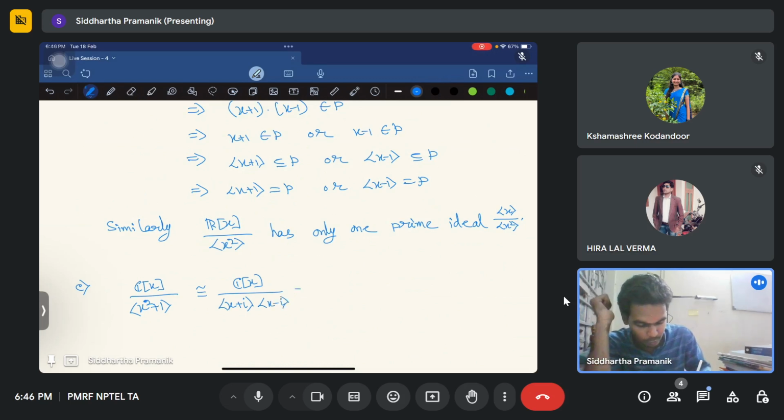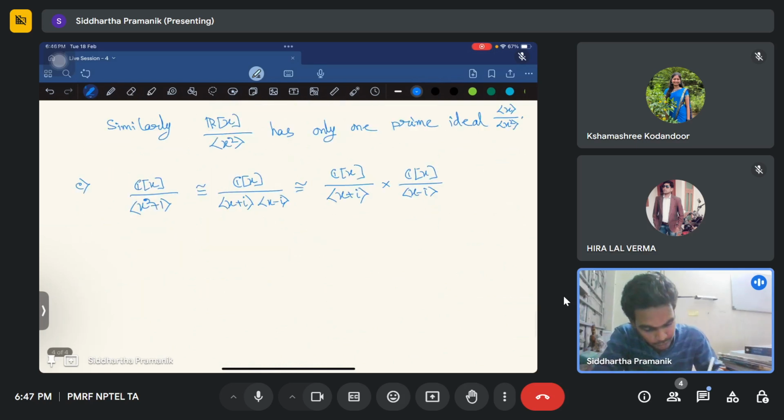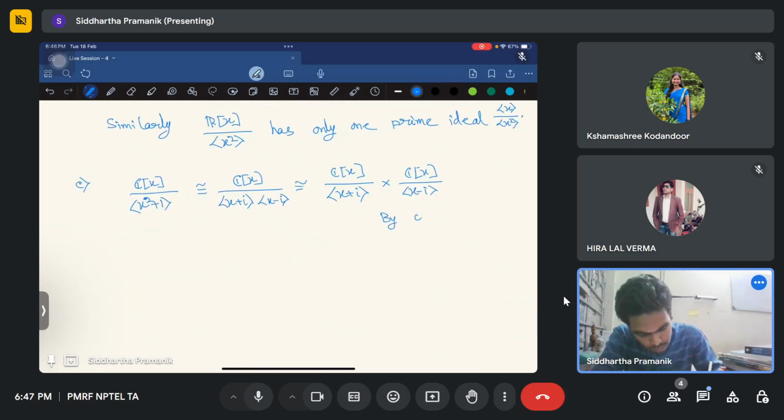And these two ideals are co-maximal. Again, you can check because their sum will give you the whole ring. So by the Chinese remainder theorem, this is just C[x]/(x + i) Cartesian product with C[x]/(x - i). Up to this, it should be fine.